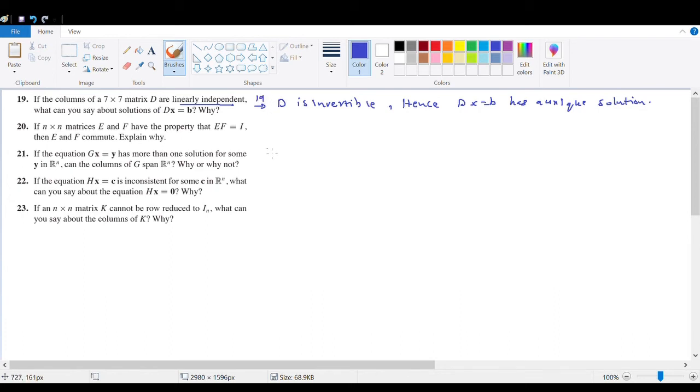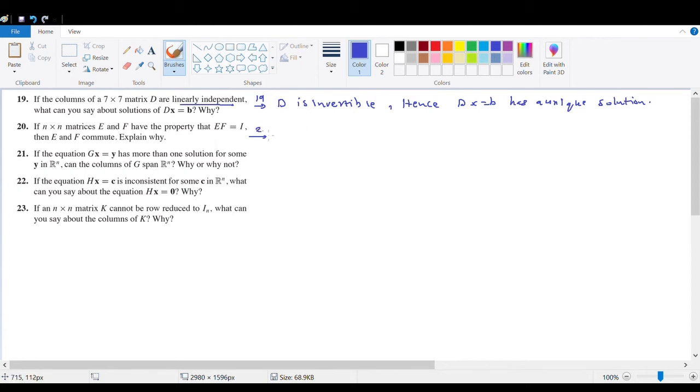For 20, if n by n matrices E and F have the property that EF equals I, then E and F commute. Explain why. If EF equals I, that means both of them are invertible, so EF equals FE equals I. From here we show that E and F commute.